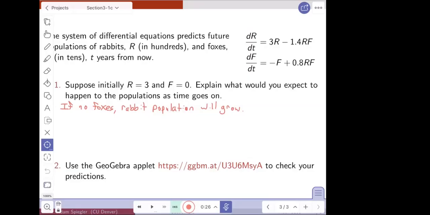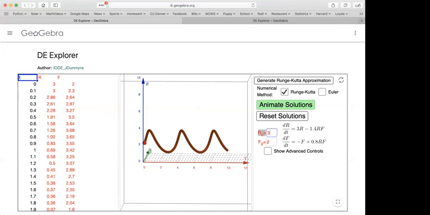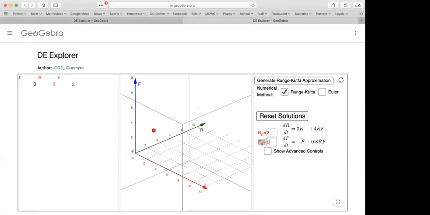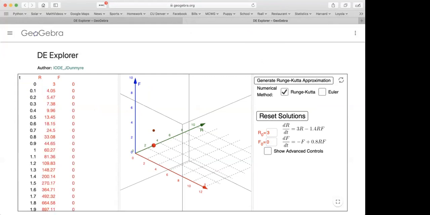And if we wanted to play around, I'm going to jump back to this GeoGebra app. We could change the initial conditions here to say, what if we had no predators, but we had 3 prey? Let's run a simulation approximation of Runge-Kutta on this, and let's see what happens.